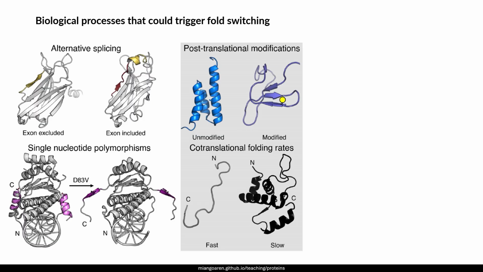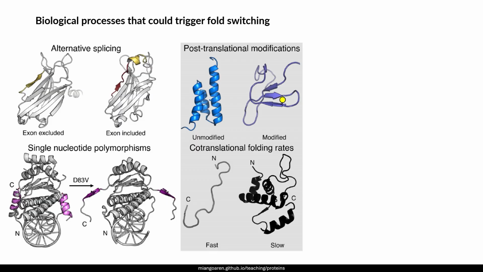We still have post-translational modifications that, for example, by adding a phosphorus atom can completely change the behavior of our protein. Or even at the level of the ribosome: how fast is it carrying out its translating activity? Well, it can translate proteins that are completely disordered, or it can translate proteins that are well folded.